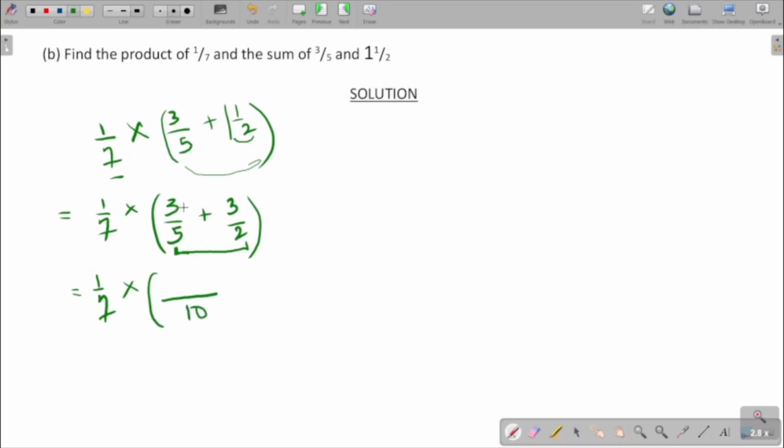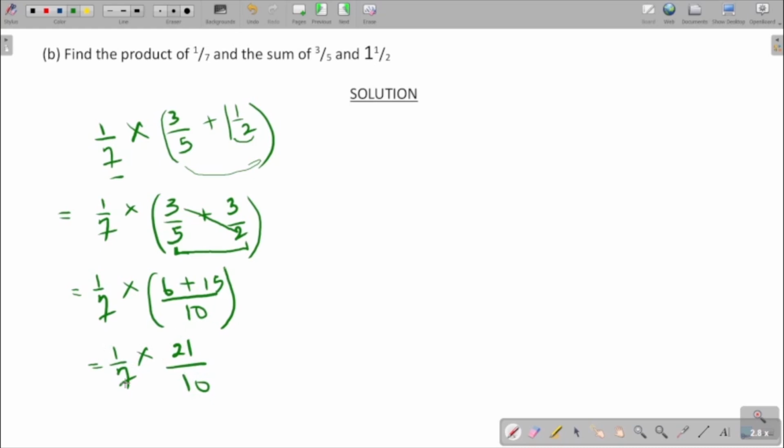Then next is that cross multiply: 3 times 2, you have 6. 5 times 3, you have 15. You have 1 over 7 times 6 plus 15, you have 21 over 10.